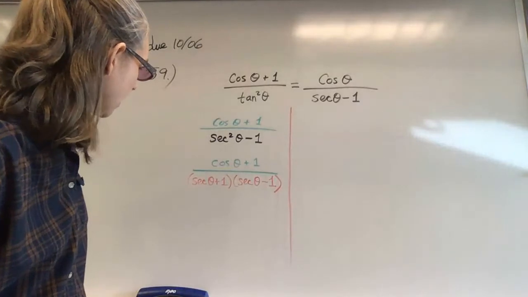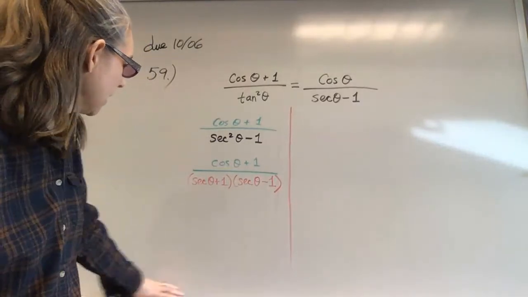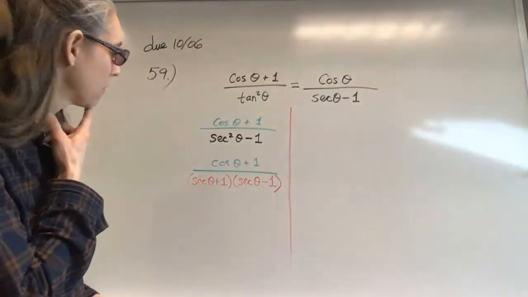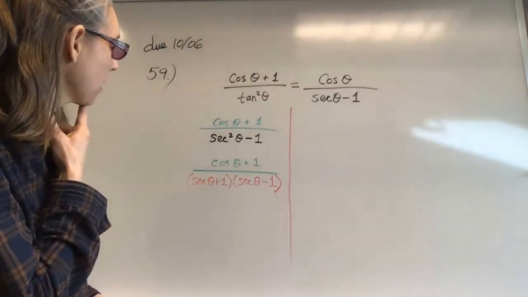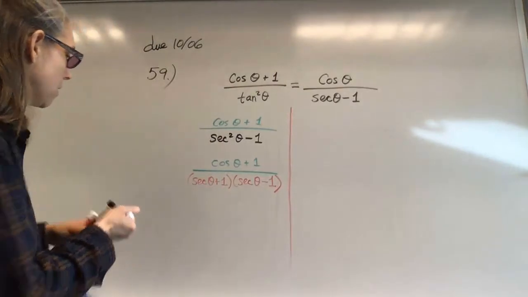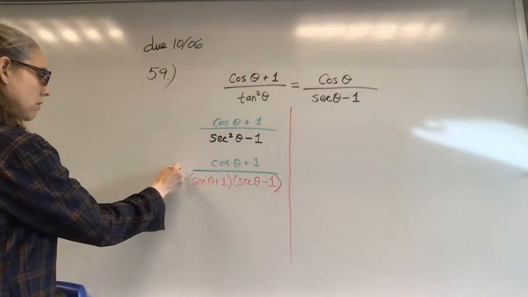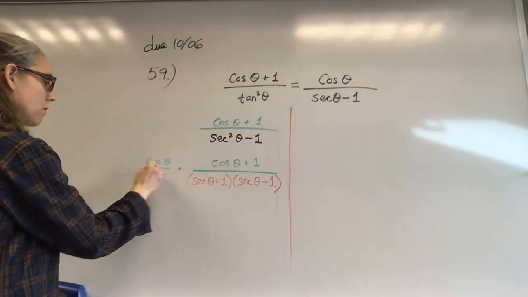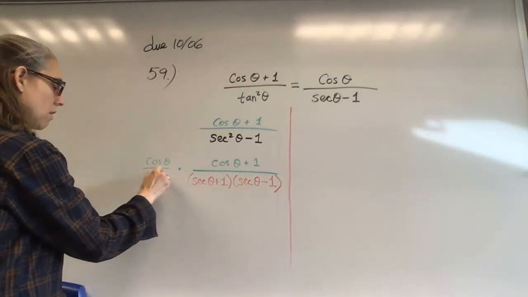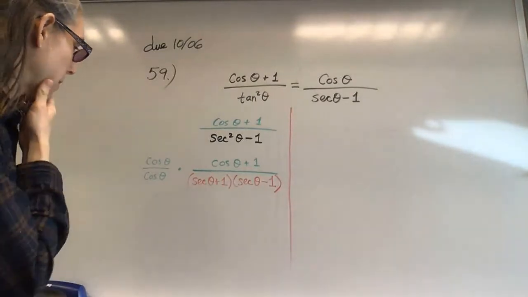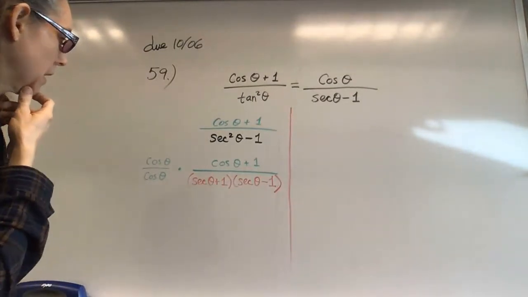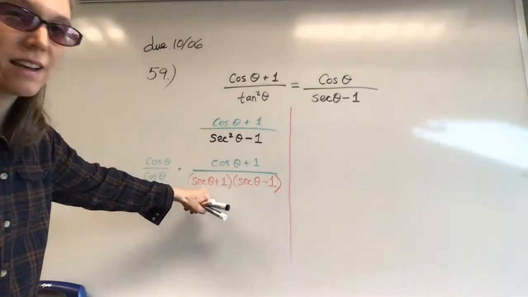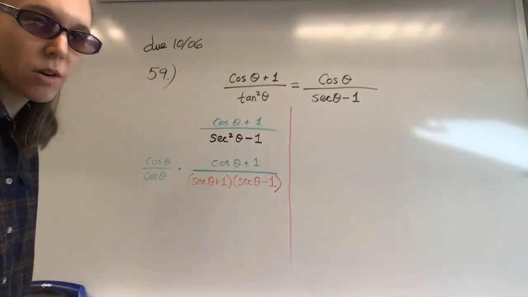What I would try to do in a case like that is multiply, and this is just an experiment, this fraction by cosine theta over cosine theta. What would happen? I'm motivated to do that because secant theta is 1 over cosine theta.